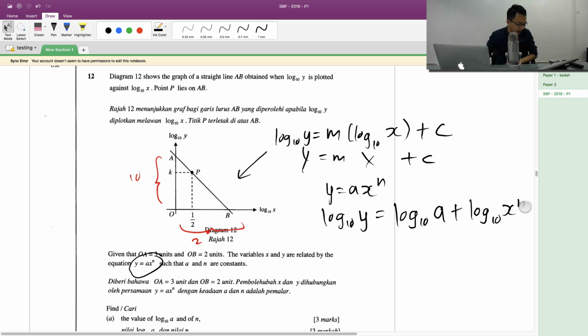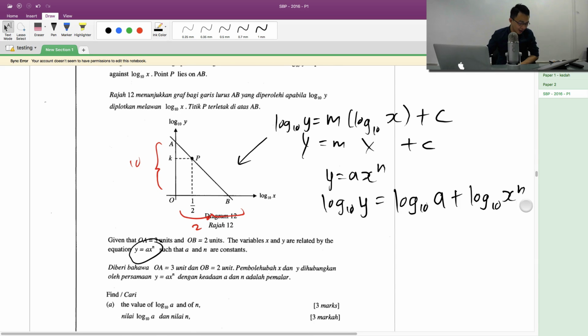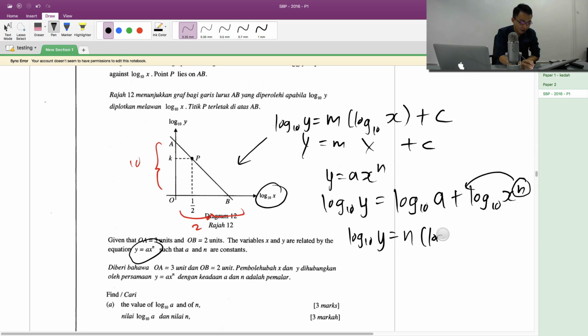Until this step, I want to rearrange, because my y equals to mx, right? So my log x is on the x position, so I rearrange. And I move in front, it becomes n log 10x plus log 10a.